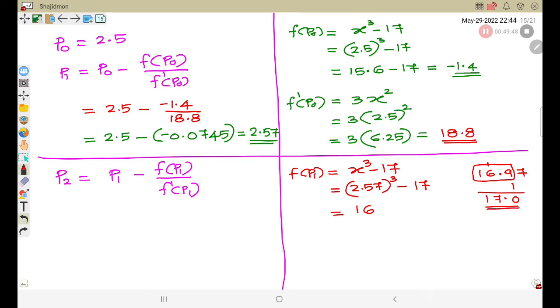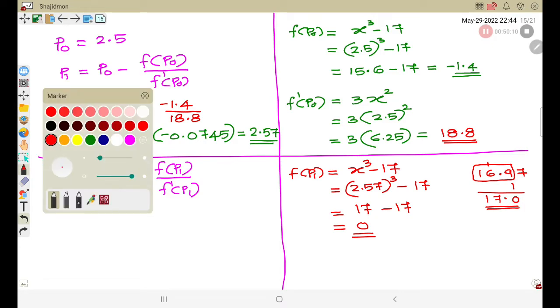So what will be the answer? 17. Okay, so we can write 17 minus 17, which equals 0. Make sure you round correctly. 2.57^3 means 16.97, and 3-digit rounding is 17. 17 minus 17 is 0.